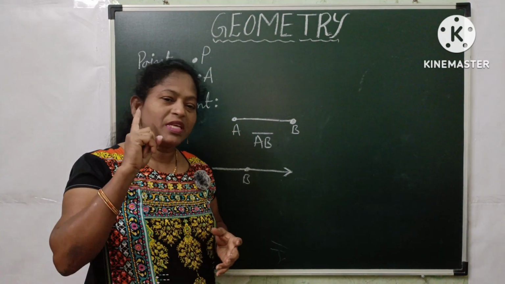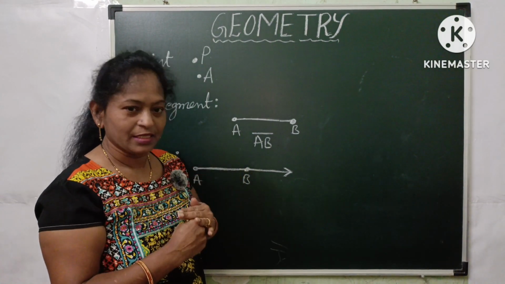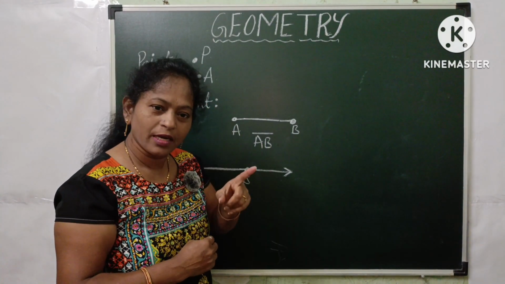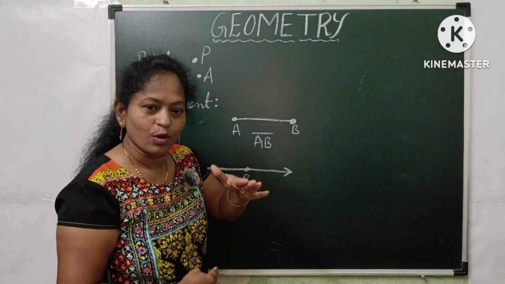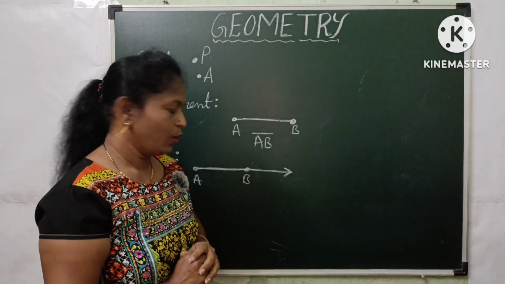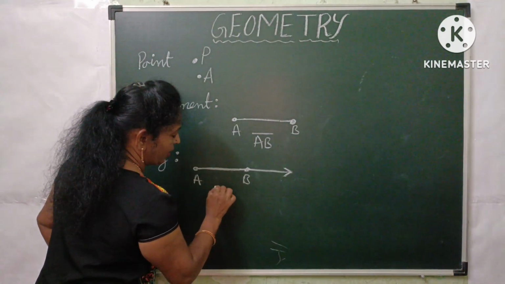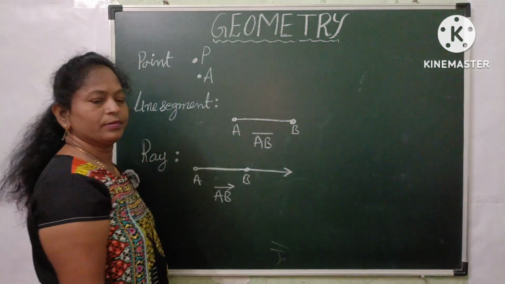What are we getting from the sun? Sun rays. The sun is the starting point and there is no ending point. The best example is sun rays. We write this as ray AB like this.